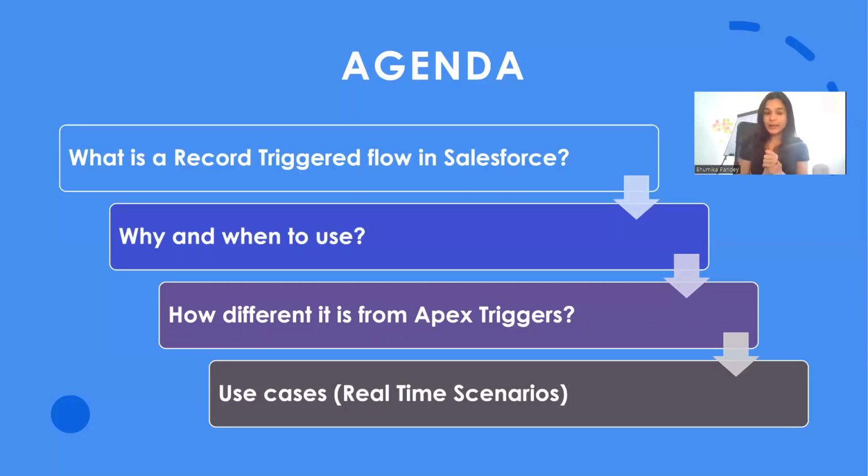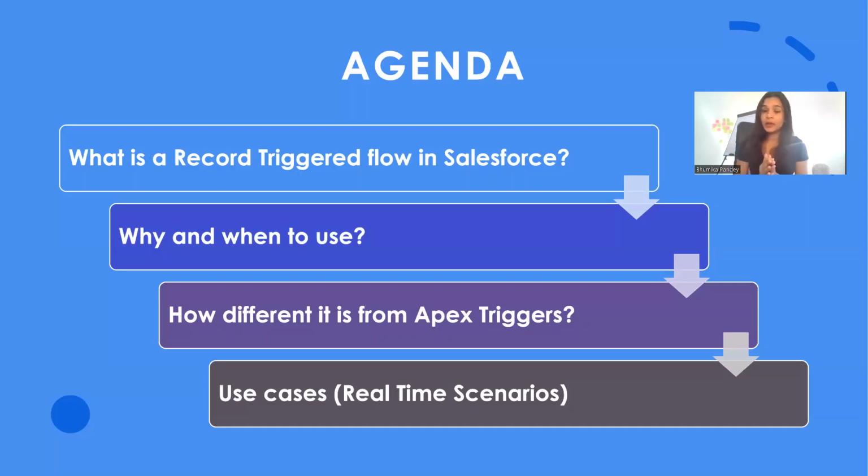For example, let's say I'm creating an account, and on the account insert, I also want to create an opportunity. So I can write a record triggered flow and provide any preconditions. Your flow is going to check everything, and the moment it finds out that an account record is created, it's going to create an opportunity for you as per the logic that you have implemented in your record triggered flow.